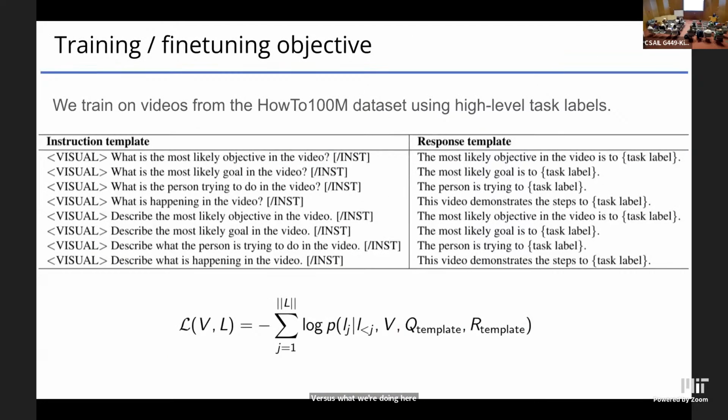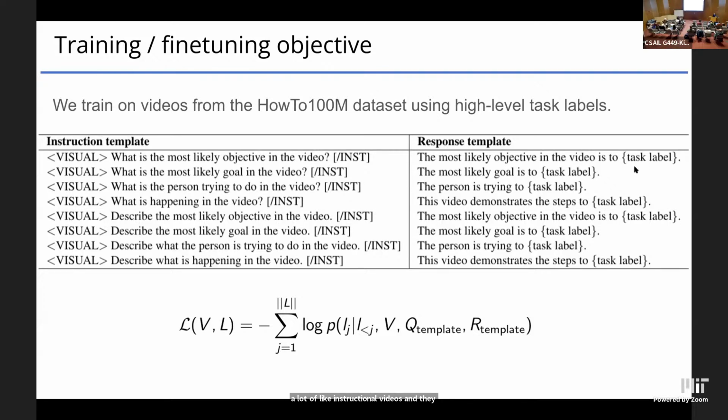Any other questions? Okay. So to train our model, we train it on the HowTo100M dataset, which is a YouTube dataset of lots of videos. There are a lot of instructional videos, and they come with very noisy labels.